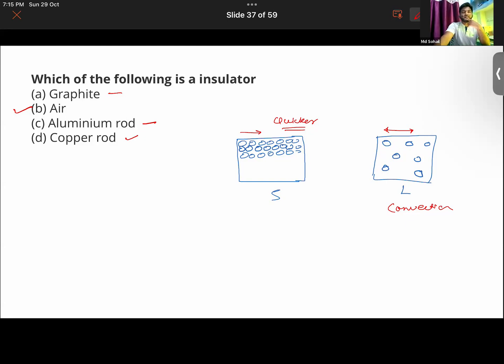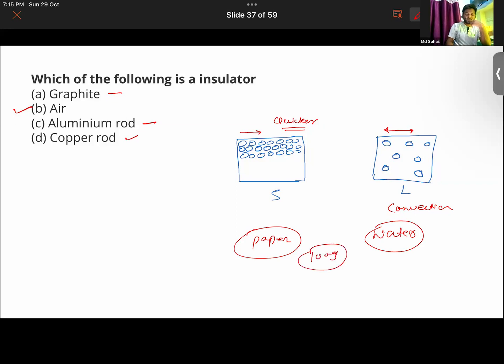Okay. And there are different other factors we have to consider. If you were to have a solid mass, consider the example of paper. And consider the example of water. Take both of them in equal quantity. For example, take 100 grams of paper, and take around 100 grams of water also, like 90 or 100 ml of water.